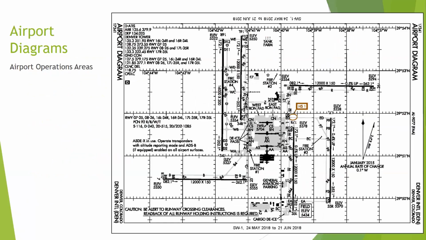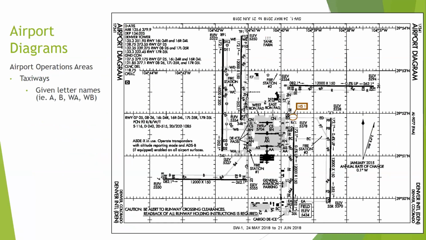Okay. Here's a little more complicated one. Denver. This one has east and west runways. It's laid out in kind of a square pattern. I'll talk about what it actually looks like. But taxiways are given letter names. So A, B, Alpha, Bravo, Charlie.